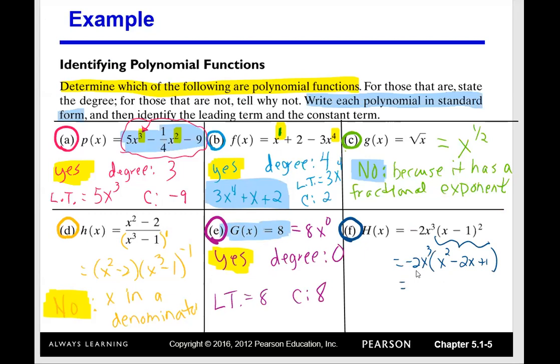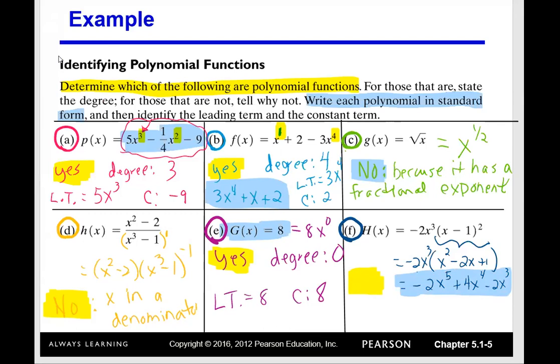And then if I distribute this, I'd have negative 2x to the 5th plus 4x to the 4th minus 2x cubed. That is a polynomial function, and when I distributed it, that put it into standard form. It's in descending order.